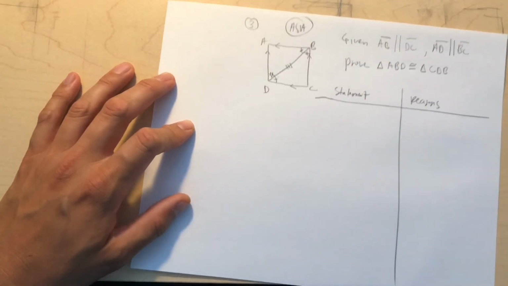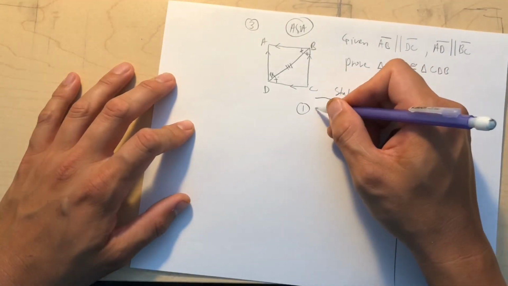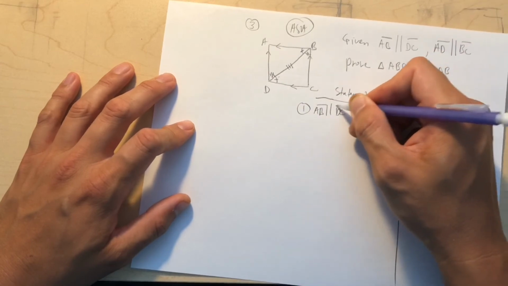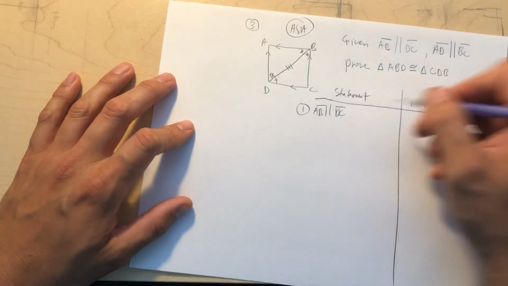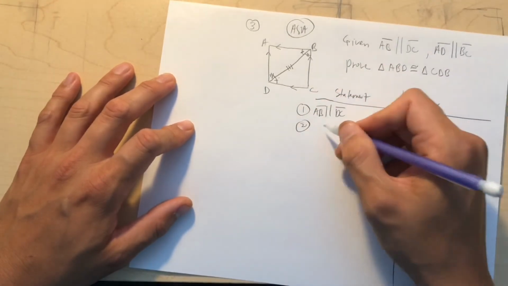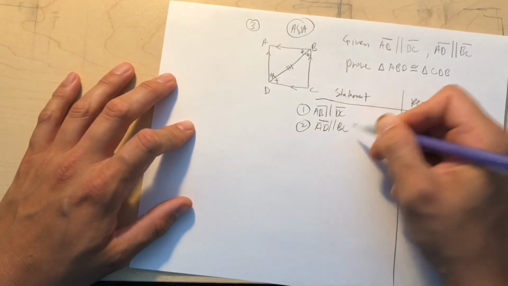I'm writing fast and messy because I don't want this video to be too long, okay? Number one, so let's do our given. AB is parallel to DC, and that's given. Number 2, AD is parallel to BC.